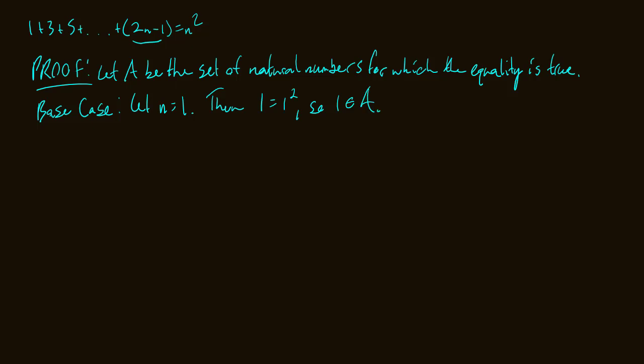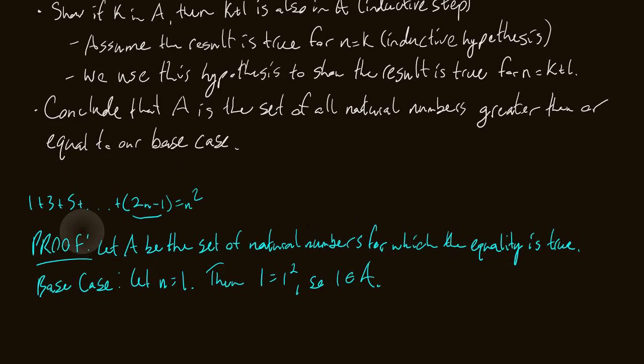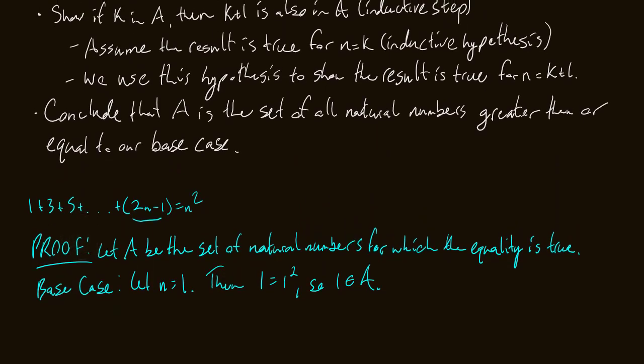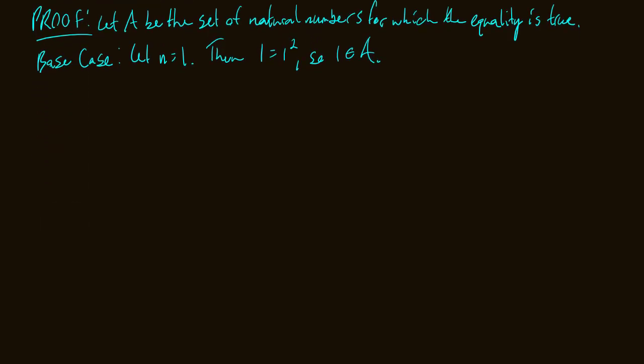We show that A was non-empty, and we show that the result is true for a natural number, right? Now, what was the next step? Let's see. Assume that the result is true for n equals k. That's our inductive hypothesis. And then use that hypothesis to show that the result is true for n is equal to k plus 1. So let's write this out.